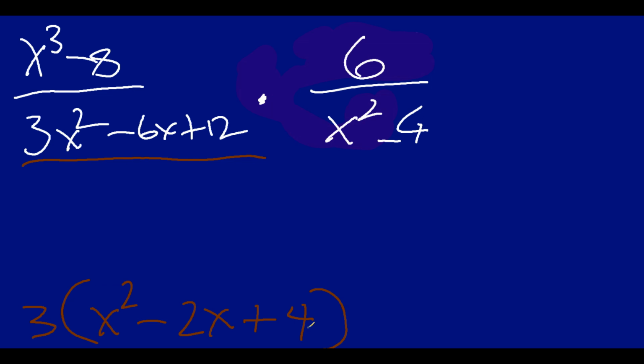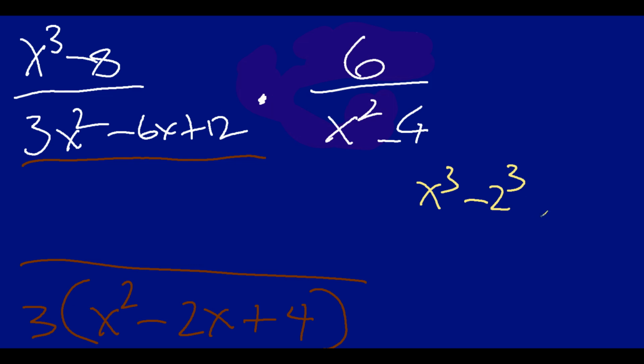On top, it's a little bit more interesting. Let me draw my line here. We have x to the third minus 8. If you're familiar with the sum or difference of cubes, this is a pattern for special products of factoring. I can write it as x to the third minus 2 to the third.